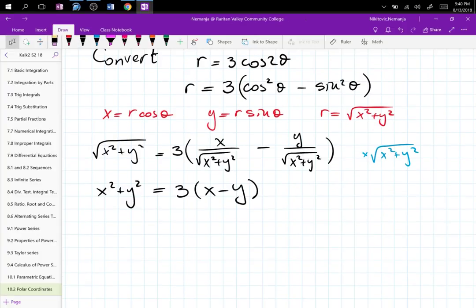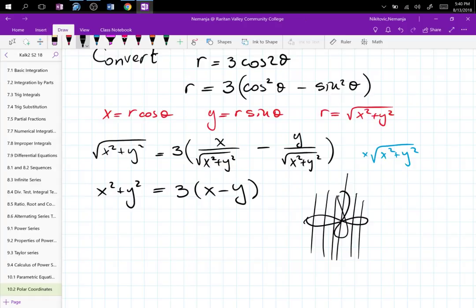Now note that there is no way to make this equation y equals everything else because the flower is not a function, right? If you draw this flower, it fails the vertical line test everywhere, pretty much. So it's not a function, and you cannot write it in the form y equals f of x.